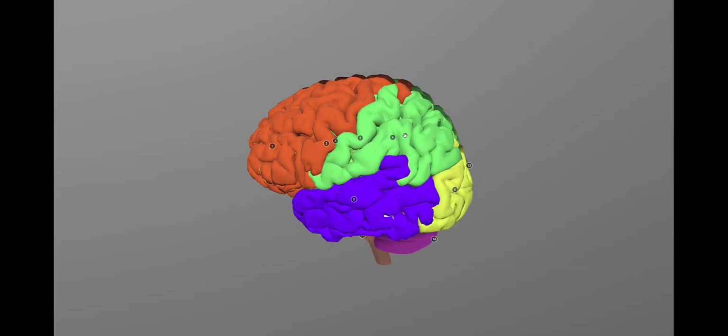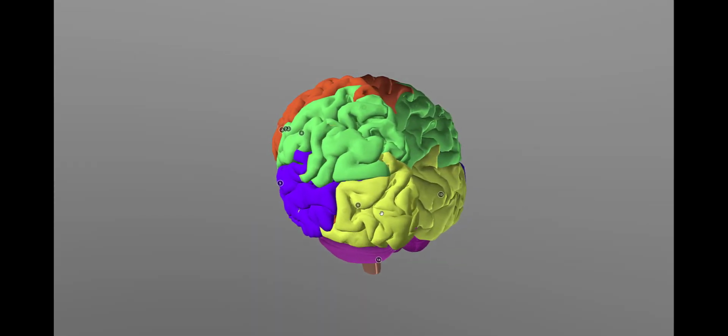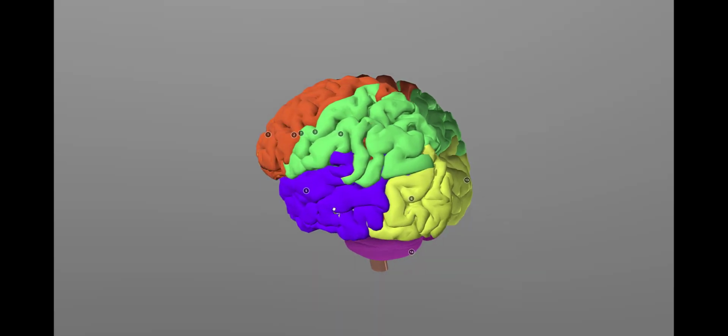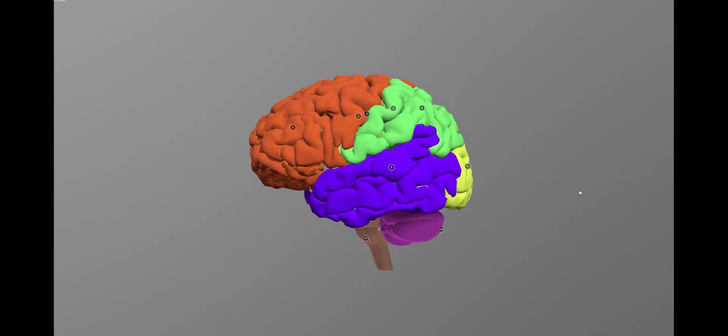The parietal lobe is the sensory lobe, so it's going to process sensation, touch, pressure, pain, and temperature. The temporal lobe primarily processes sound, so hearing, and it also has other functions in memory and some other things. And the occipital lobe is primarily devoted to vision. So there we have the main lobes of the cerebrum.